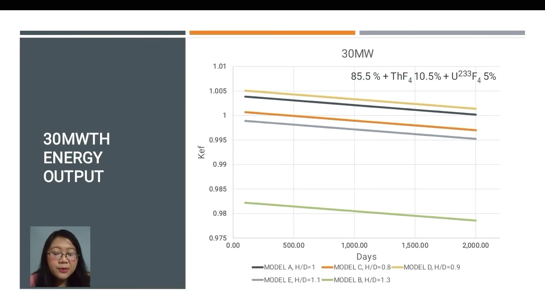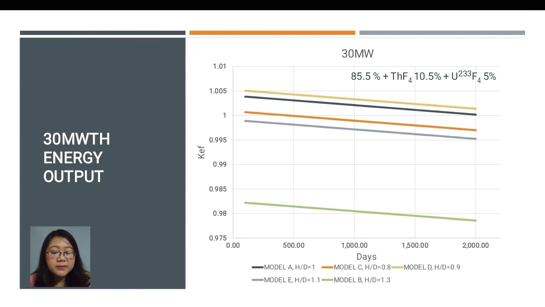And on 30 megawatt thermal energy output, I would like to introduce to you the new composition, which is 85% of lithium fluoride and 10% of thorium fluoride and 5% of uranium. It is also reached by model D over here, which makes it the most effective H per D ratio.